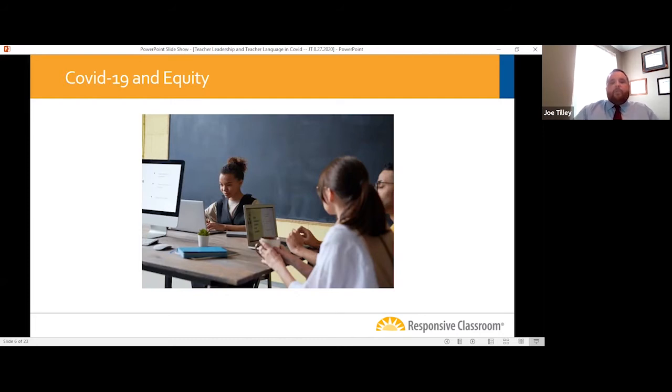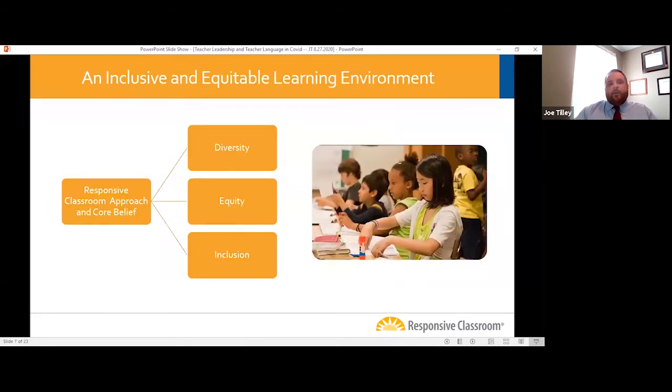A few things to remember just to kick us off. An inclusive and equitable learning environment. When you think about the 4 domains of the responsive classroom teacher, and then you take that responsive classroom approach and those core beliefs, and we're going to talk about those in just a moment, what we end up with are classrooms that embrace diversity, equity, and inclusion.